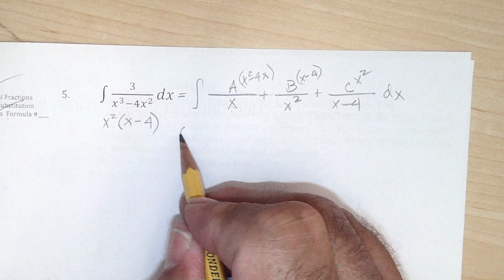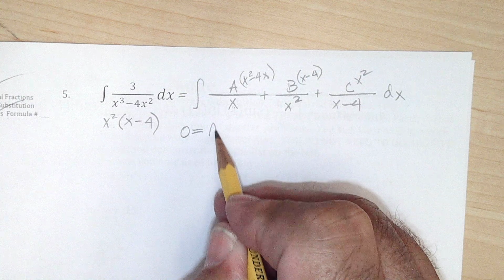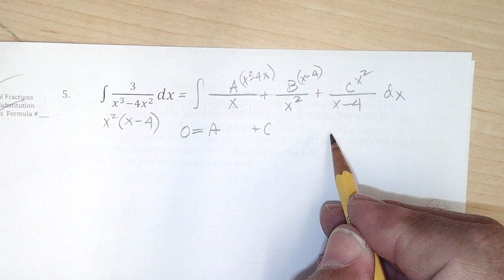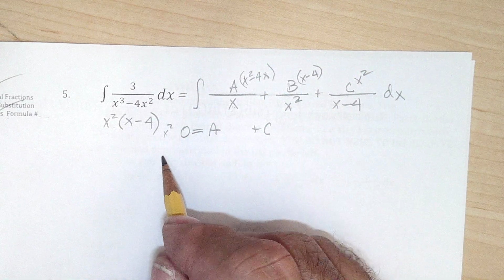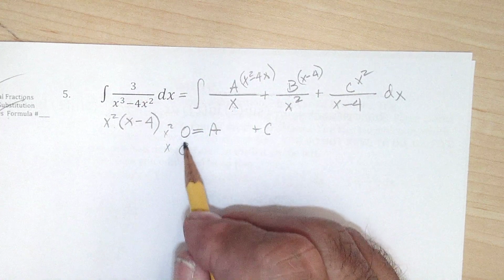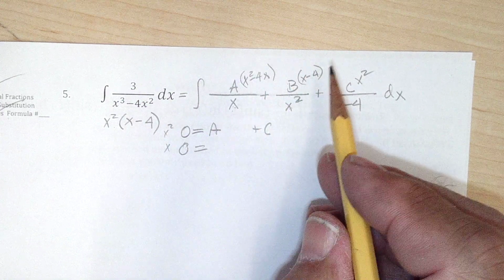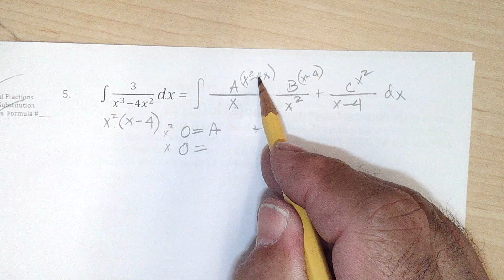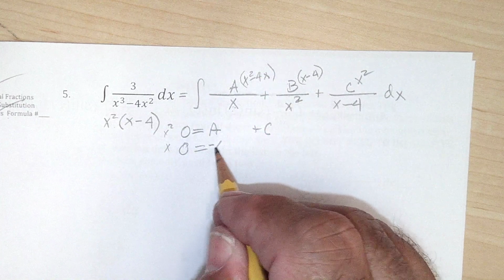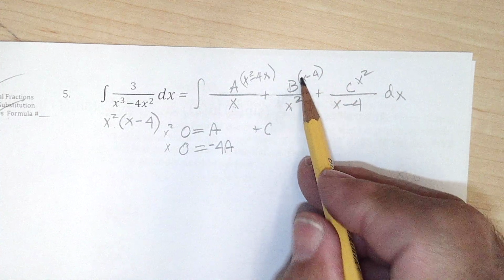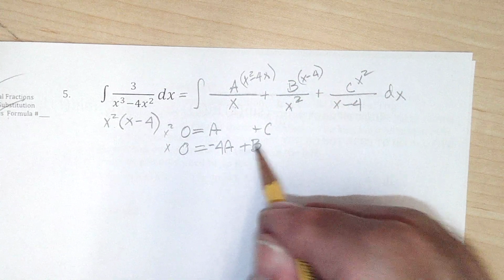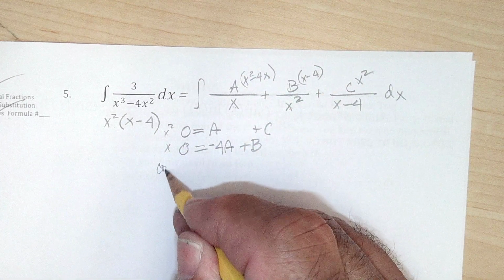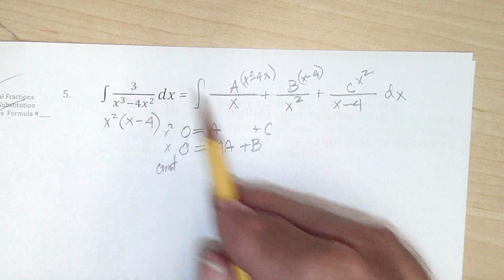We have no x squareds on the left, so 0 equals a x squareds plus c x squareds. That's the x squareds. Now we're going to go to the x's. There's none on the left. There's a x squareds, oops, I'm doing x's: minus 4a x's plus b x's and no other x's. And constant, we have 3.